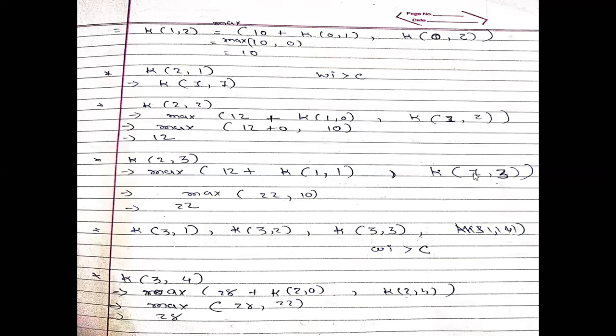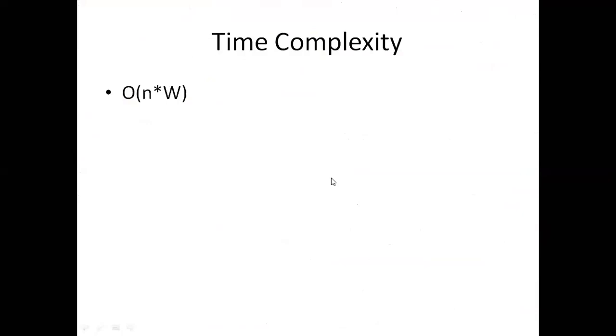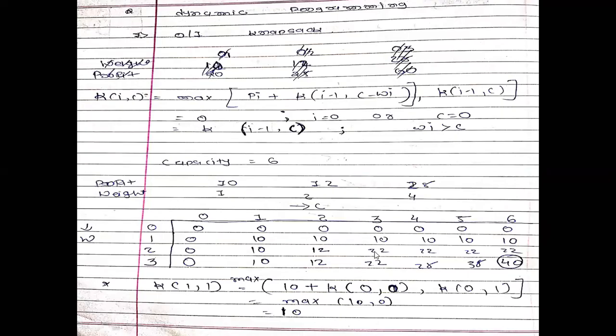Again K of I minus 1 એટલે કે 1 and C એમના એમ રહેશે, it is C 1 3. We will put the values. So 12 plus 1 1 માં વેલ્યુ આપેલી છે તમારી 10. So 12 plus 10 એટલે 22. 1 3 માં વેલ્યુ છે 10. 22 અને 10 માંથી which is greater? 22. So we will put into this cell that is 22. Done?